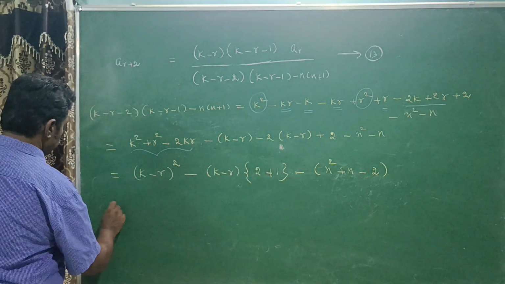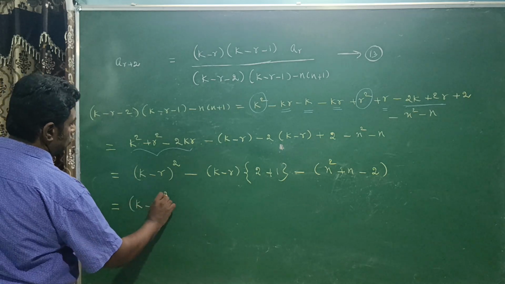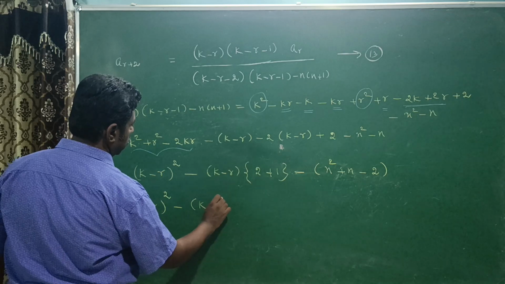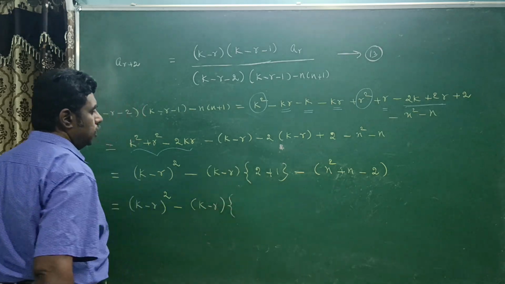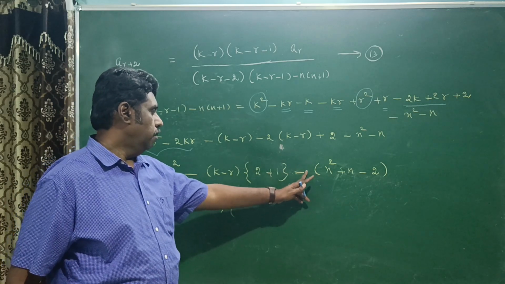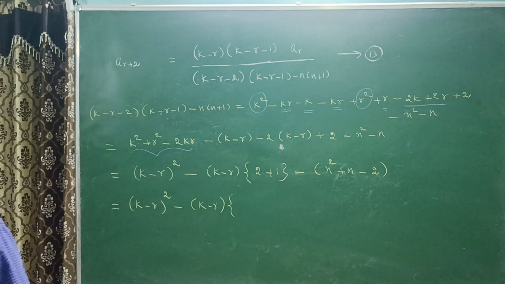Now you have to do a small modification. The expression (k minus r) whole square minus (k minus r)(2 plus n), plus (2 plus 1) minus (n square plus n minus 2) should be modified in order to factorize them.